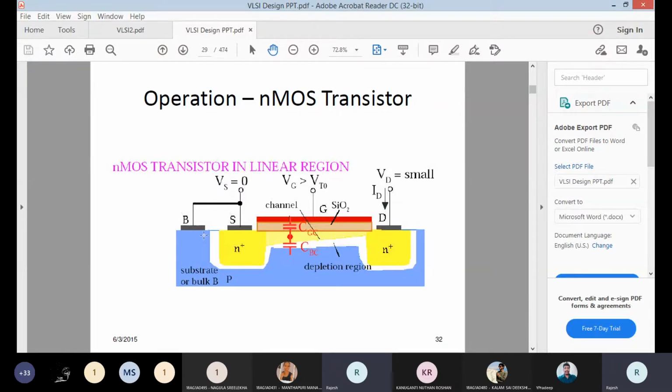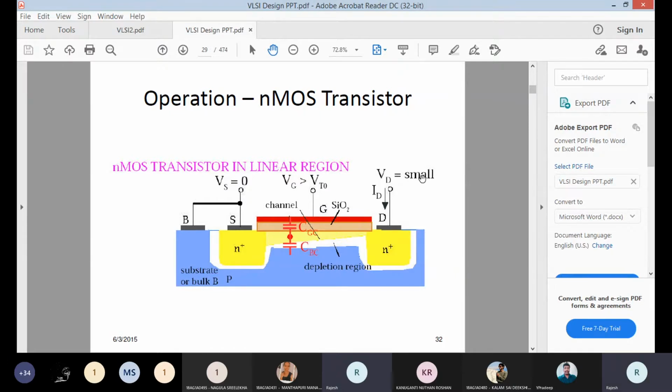But at this moment, source and substrate, or body or bulk, are all equal names. So they are at the same potential, and we are applying some small positive VDS. When you apply a small VDS, the effective voltage between gate and channel is not uniform like in your previous case. When VDS is also ground, at the same potential, the gate to channel voltage VGCH is uniform, and the electrons in the channel are the same throughout the channel region.